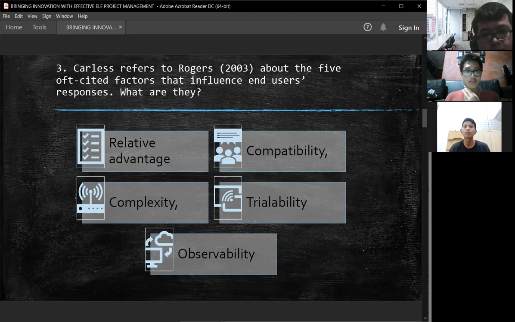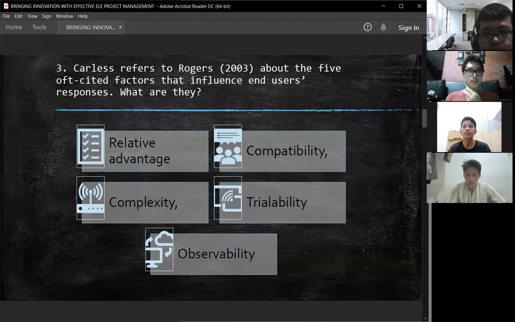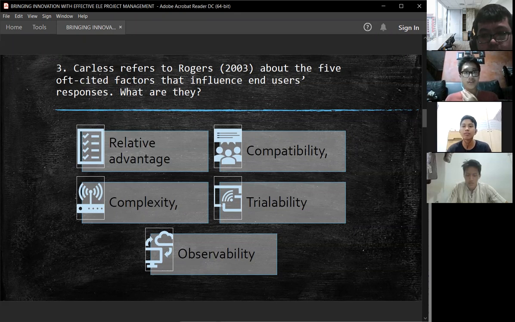The third question is, Carless refers to Rogers 2003 about the five often-cited factors that influence end users' responses. And what are they? There are actually five. The first one is relative advantage, which entails the degree to which a concept or product is viewed as superior to the existing standard.